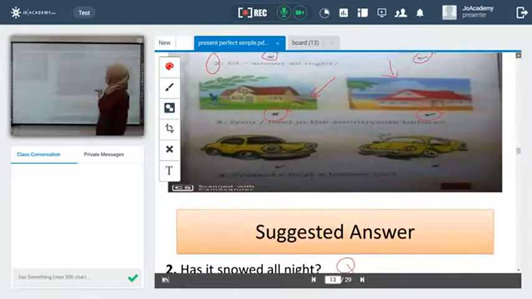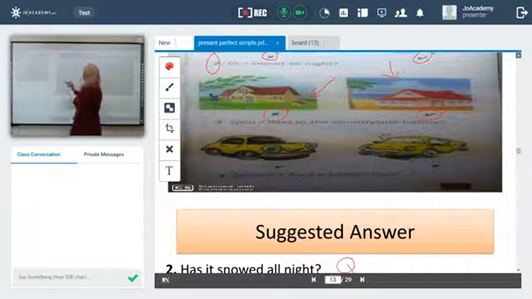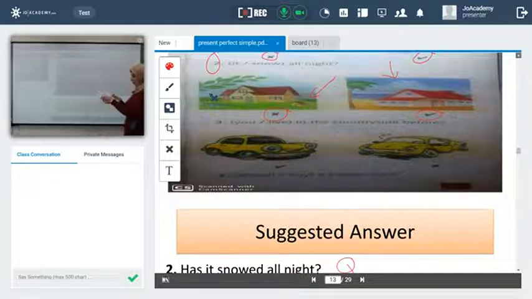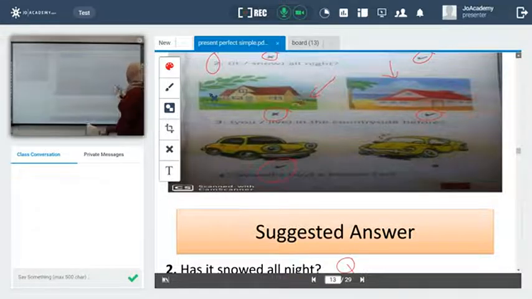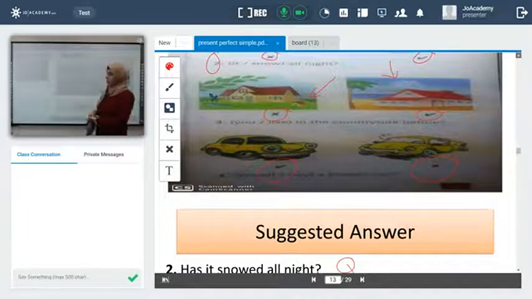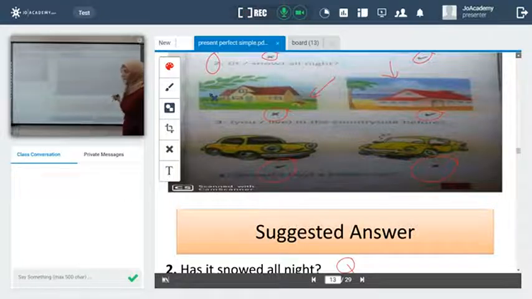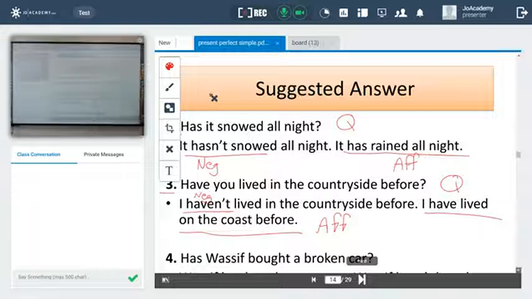Now, we'll go back to the last picture. Here. I can't read it from the board, so I'm going to look at my book. It says, Wasif buys a broken car. Here we have a tick, and here a cross, as you can see in your book. So, what is the question and what is the negative sentence and the affirmative sentence? Let's have a look.